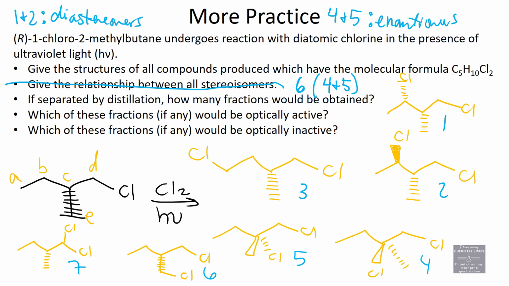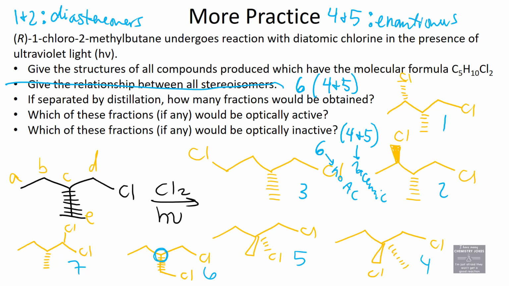Which of these fractions would be optically active and inactive? 4 and 5, definitely inactive. That's a fraction that comes together because it's a pair of enantiomers, it's racemic. Any others that are inactive? Fraction 6 would be inactive because it doesn't have an asymmetric carbon.